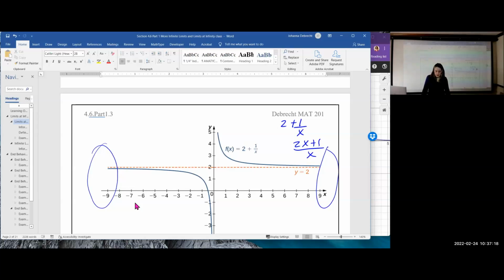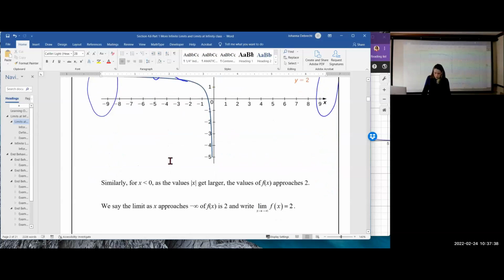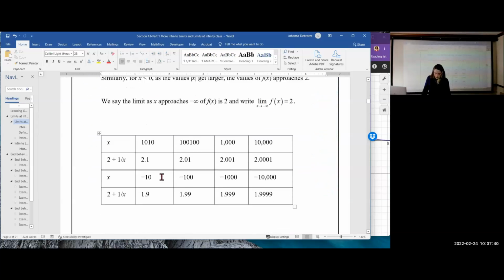And again, horizontal asymptotes can actually be crossed. It could come up and do something like this where it gets closer and closer as it goes out to infinity. And it's fine for a horizontal asymptote to be crossed. It doesn't cause a problem. Thou shalt not divide by 0, though, means vertical ones cannot be crossed.